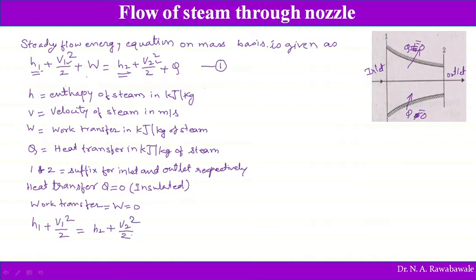If we transfer this term H2 on left hand side, we get V2 square divided by 2 is equal to H1 minus H2 plus V1 square divided by 2.